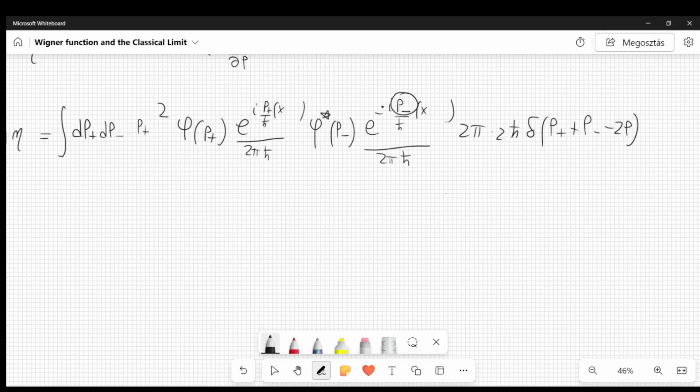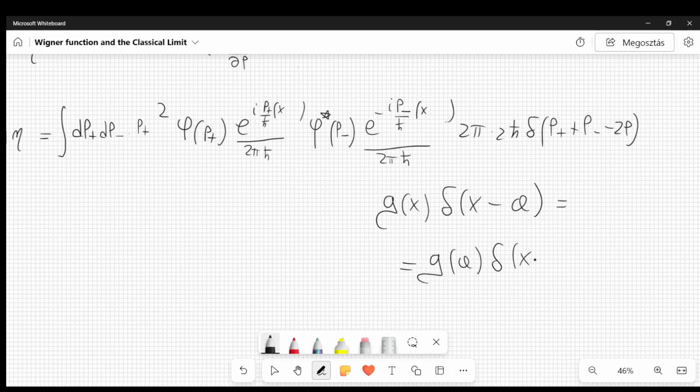You can see that p minus appears here and here, but we can use a property of the Dirac delta, which tells us that if we have a function g of x that multiplies the Dirac delta of x minus a, this can be written as g of a delta of x minus a. So we can evaluate the function at the peak of the Dirac delta.